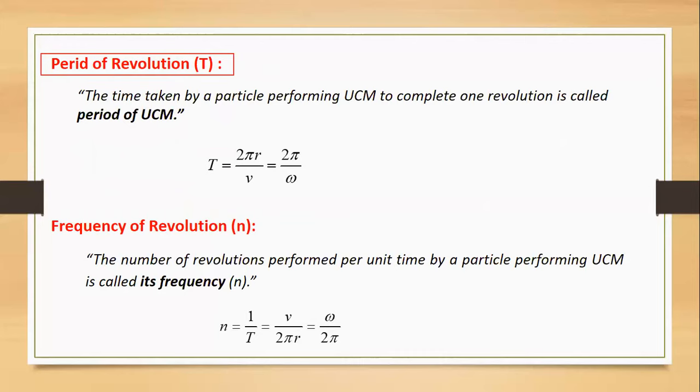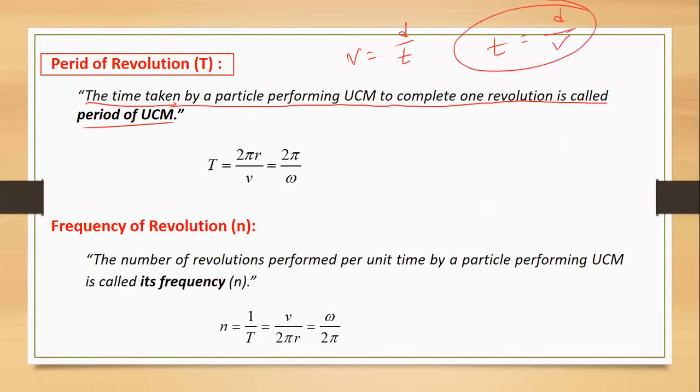You know that the velocity formula is distance by time, so time is distance by velocity. So here the period is equal to the distance in one revolution, which is 2 pi r, divided by v.